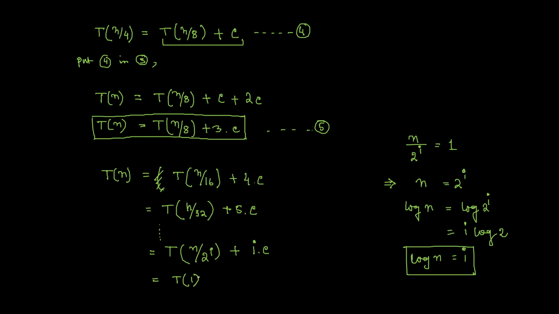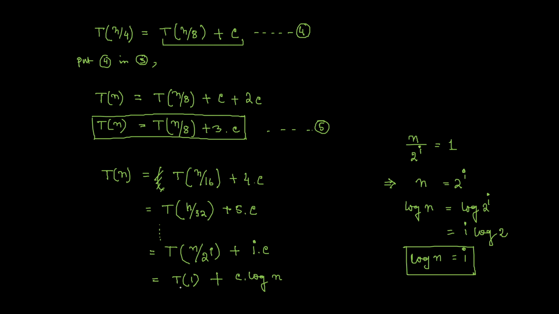That is T of 1, plus the constant multiplied with log n, so c log n. Now in the last class we have seen that for a very large value of n, the constant value doesn't have any significance. So we basically omit those constant values when we express the class of the function.